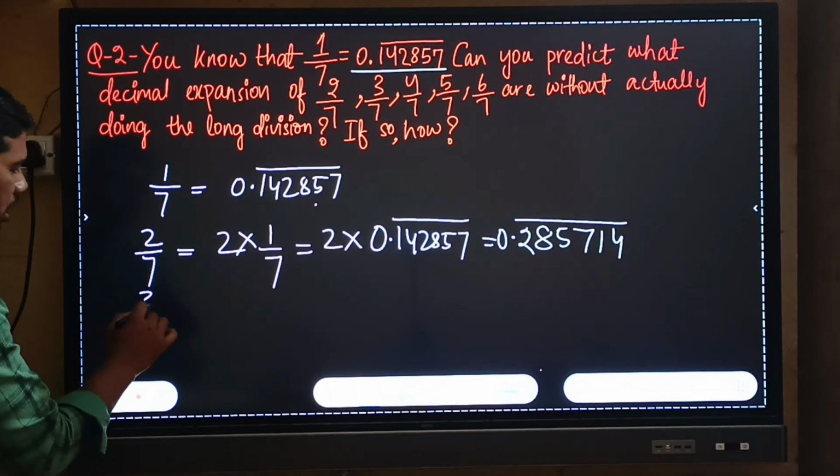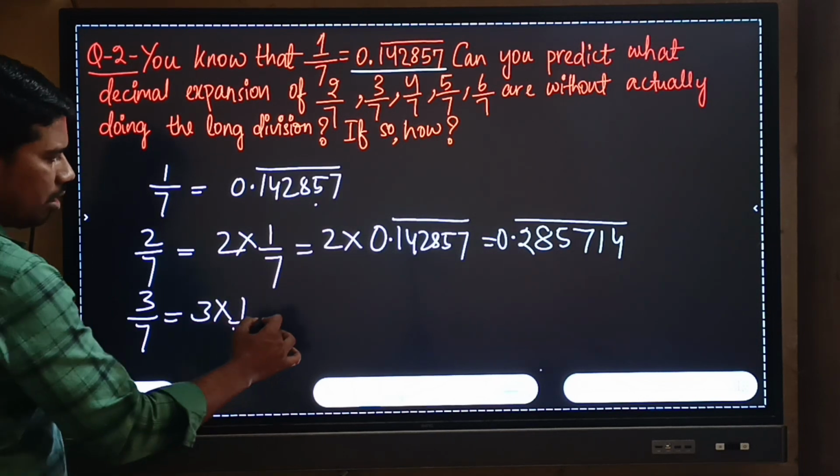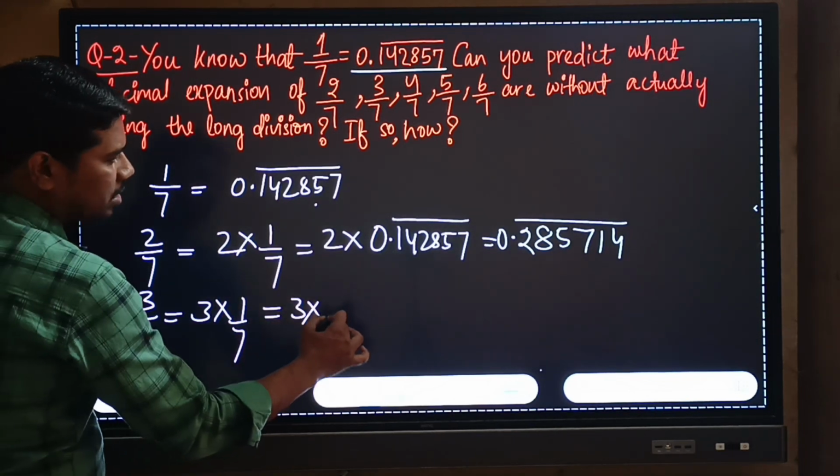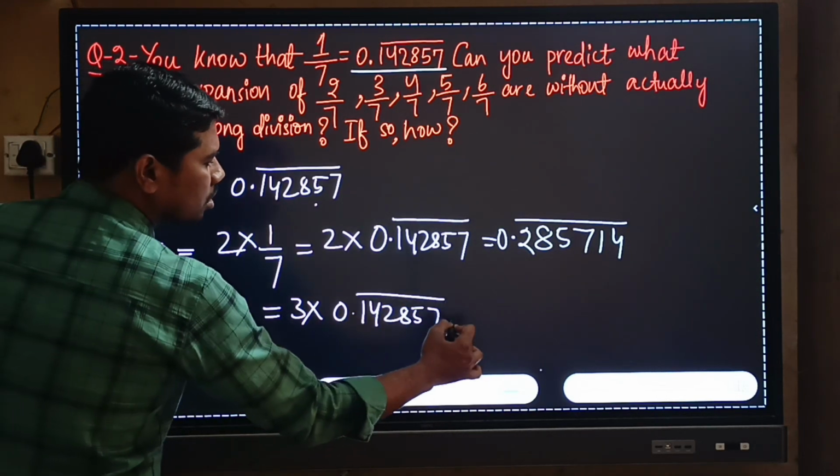So like that, 3 upon 7, we can write 3 into 1 by 7. The value of 1 by 7 you know is 0.142857 with a bar on this.